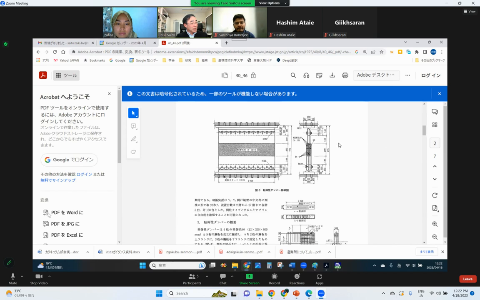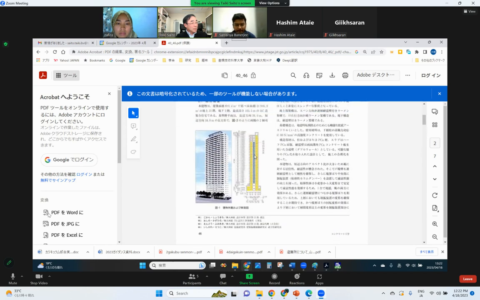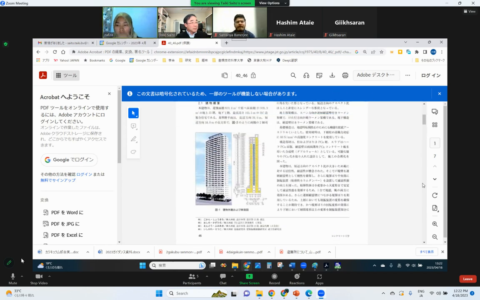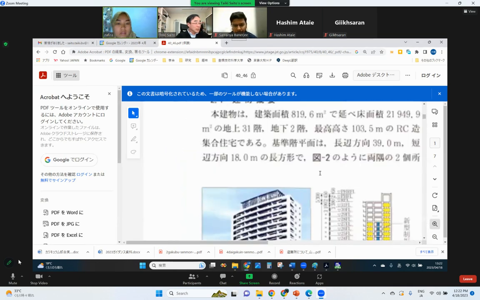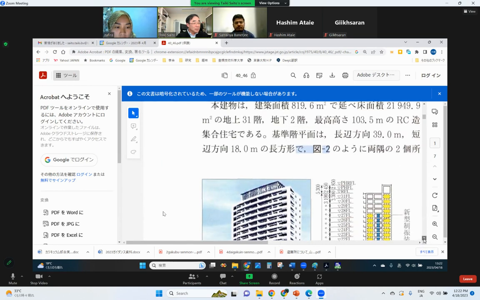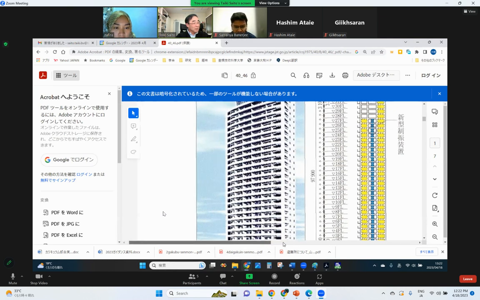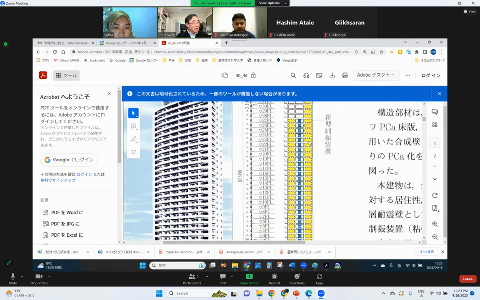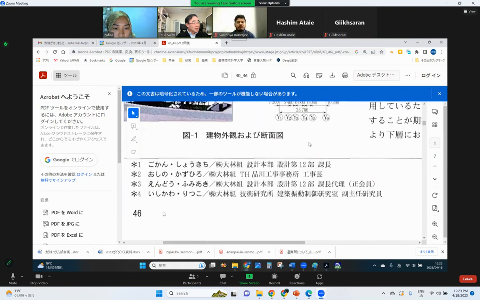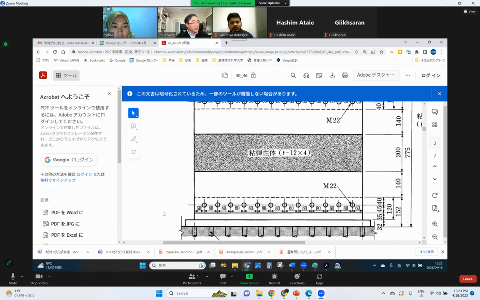For example, in this case, this is a high-rise building, and this blue part is the damper, and this is a kind of shear wall.